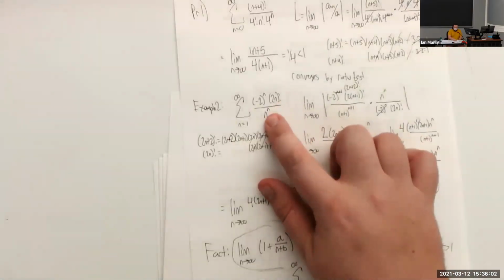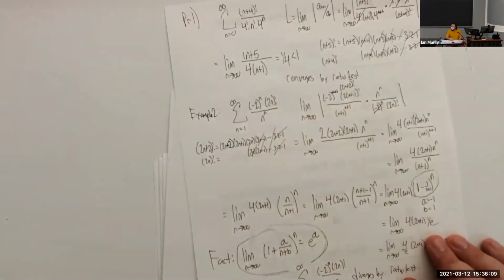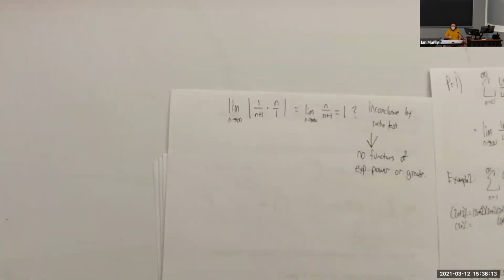This had a super exponential where even the base is a variable as well, and it had a factorial. All of those had exponential power or higher. So the ratio test will say something interesting about that. But if you have only polynomials, or only logs, or weaker than exponential functions, it's going to give you 1. So you shouldn't use the ratio test if you don't have any functions of exponential power or greater.